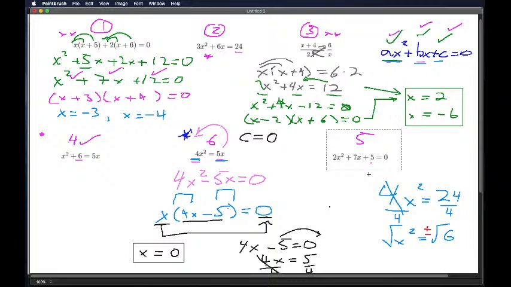Simultaneous equations. Yeah, we can do simultaneous equations. Let's see. Where's my simultaneous equations? Do I have simultaneous equations? Here.